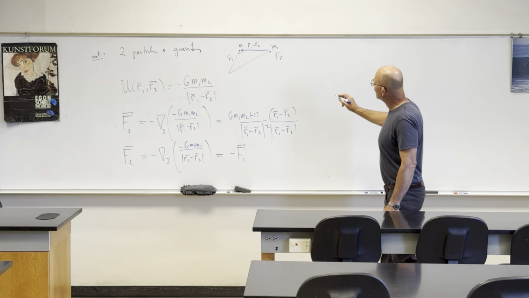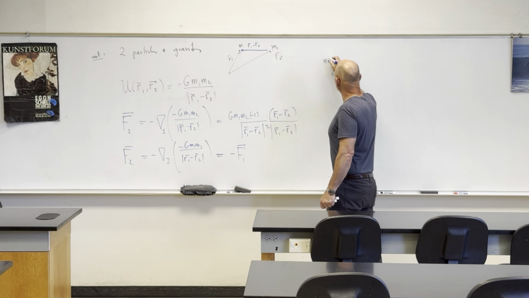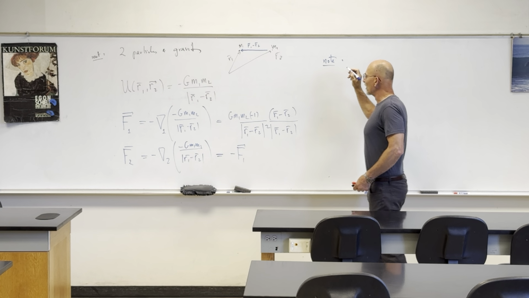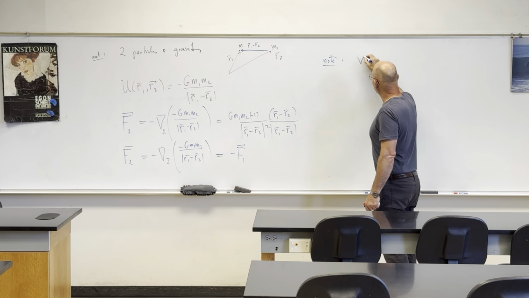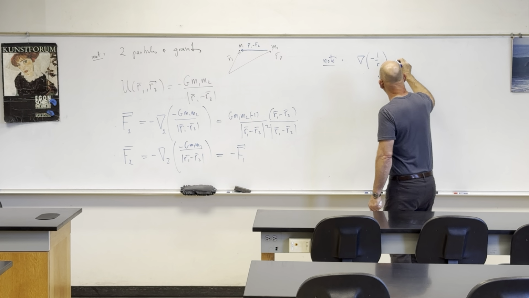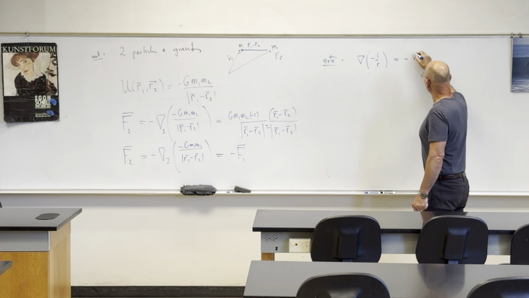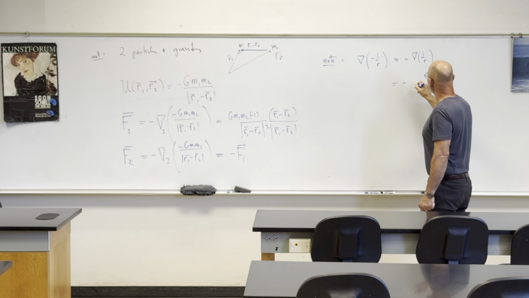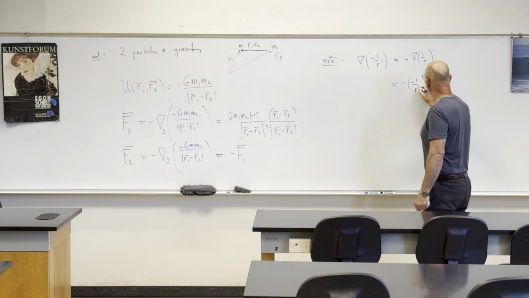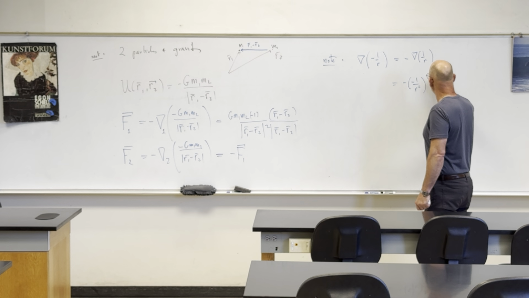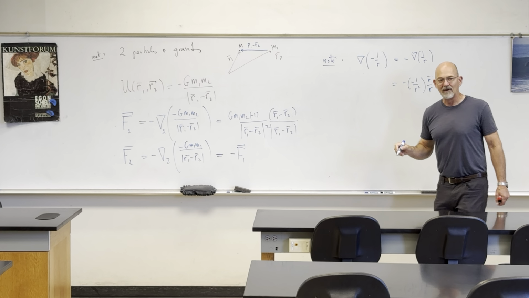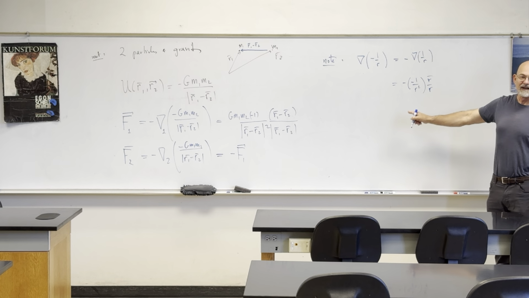I'm going to put a couple of notes here to make sure you make contact with what we've done before. Remember we had gradient of minus 1 over R was minus gradient of 1 over R, so R to the negative 1, so minus 1 over R squared times R over R. So we did those calculations, right?